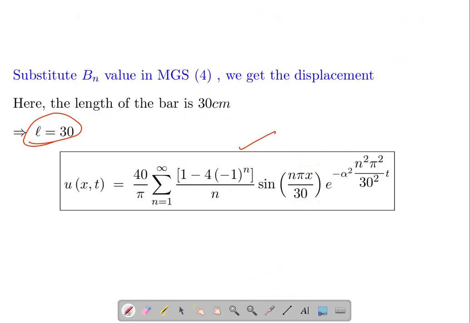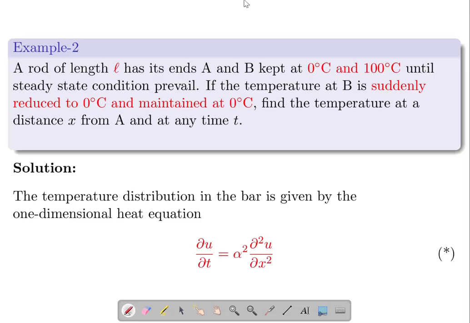Okay. So next problem. A rod of length L has its ends A and B kept at 0 degrees Celsius and 100 degrees Celsius until steady state condition prevails. So one end is 0 degree Celsius and another end is 100 degree Celsius. Anyway, one side is non-zero. Both ends being 0 comes under type number 1.